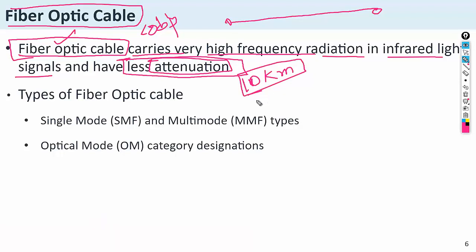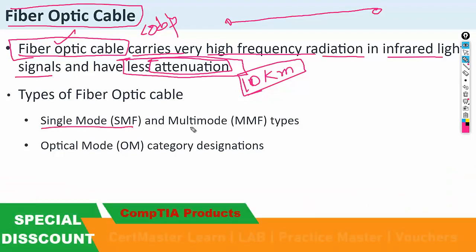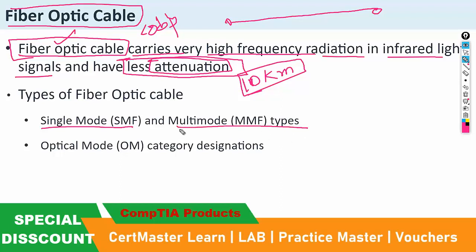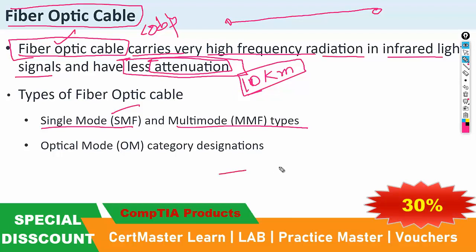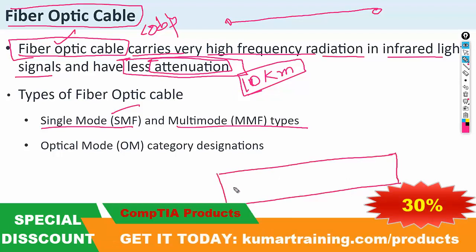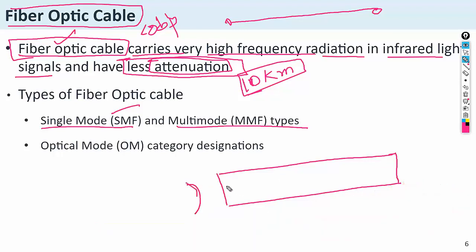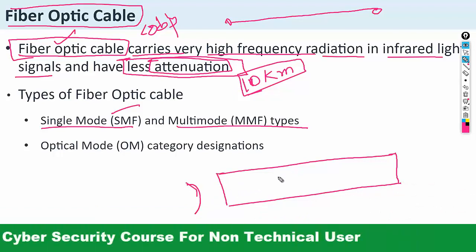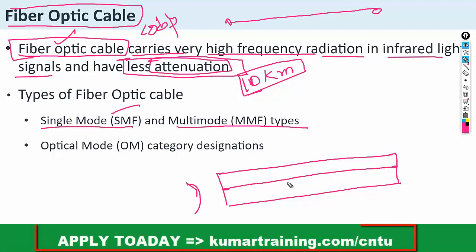There are two types of fiber optical cable. One is single mode fiber optical cable, another is multi mode. When we talk about single mode, in a fiber optical cable the data is traveling in light format. As you know, light always travels in a straight direction.